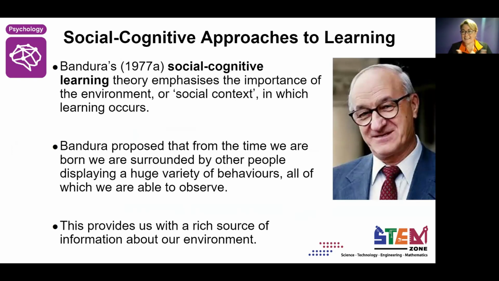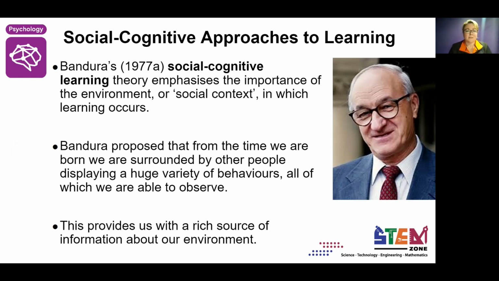All right. So the scientist that is primarily involved in a lot of observational studies is Bandura. He proposed that we actually learn through the behaviors of people around us.